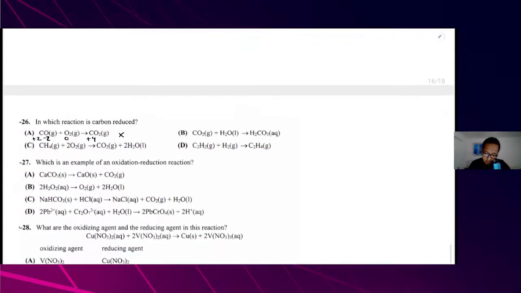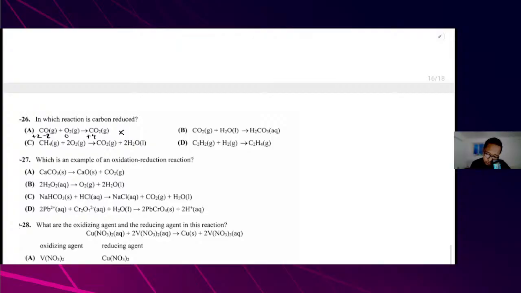And then again, CO2 is +4 and CH4 is -4, right? CH4 is -4 and then +4, so it's kind of the same, so it should not be.